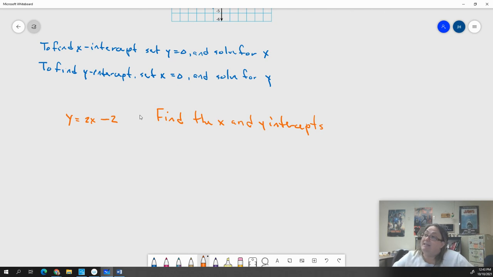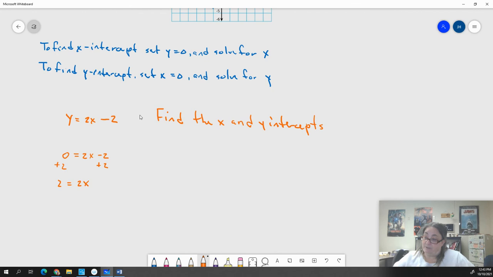Well, it says to find the x-intercept, we're going to set y equal to 0 and solve for x. So we're going to say that 0 equals 2x minus 2. Right? Well, I'm going to solve for x. So I'm going to move this 2 over. I'm going to add 2 to both sides. And I get 2 equals 2x. But I don't care what 2x equals.